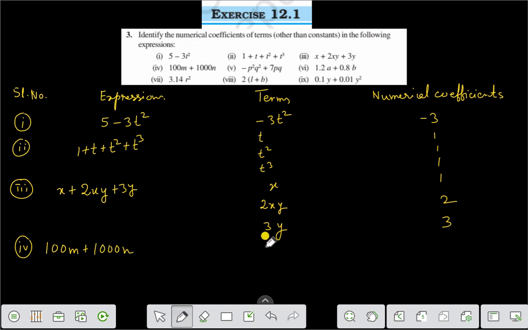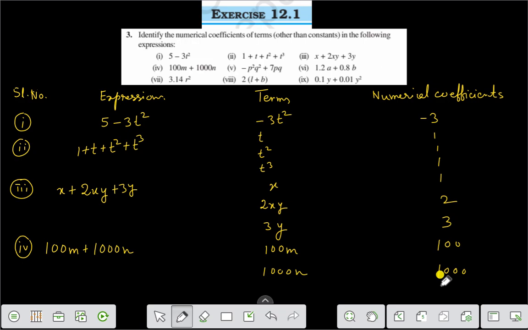The various terms are 100m and 1000n. Here m is multiplied by 100, therefore the numerical coefficient is 100, and n is multiplied by 1000, therefore the numerical coefficient is 1000. That means we got all these terms.